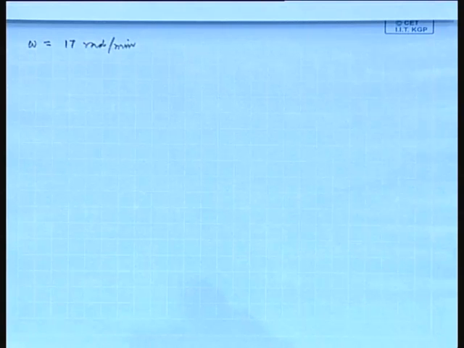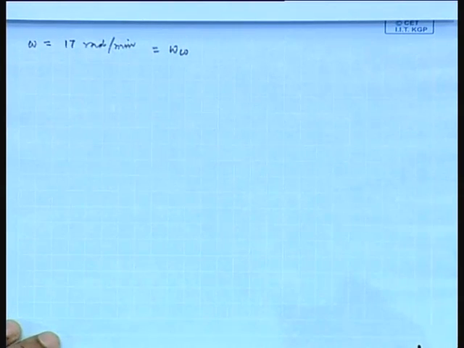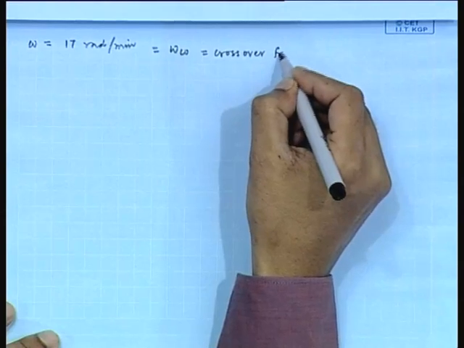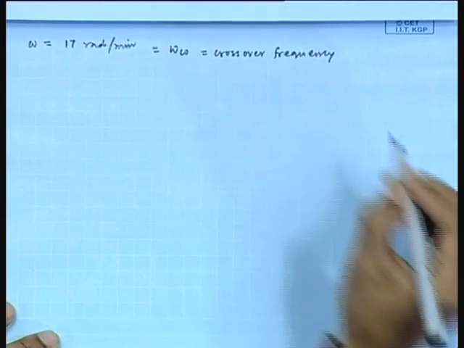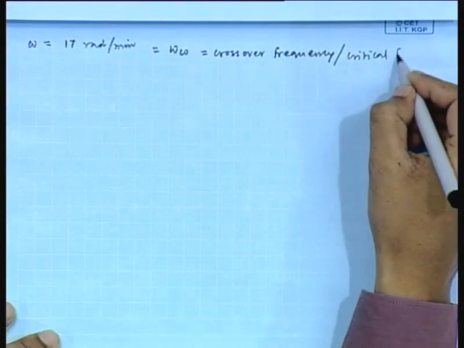The value of omega at phi equals minus 180 degree is called crossover frequency, and which is represented by omega suffix CO. This is also called critical frequency.